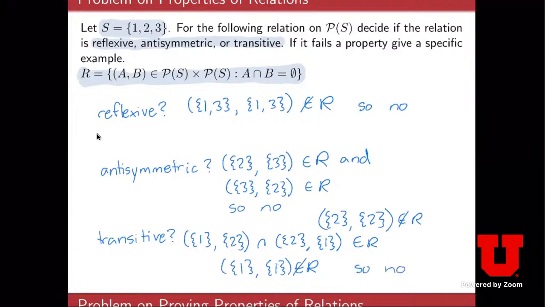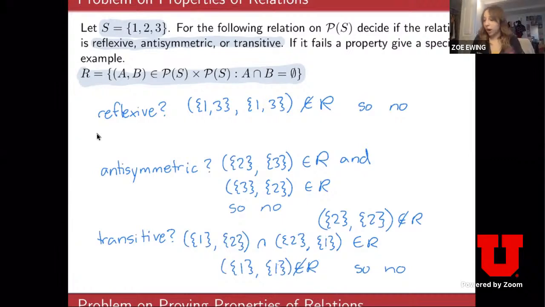Then that means that throughout the whole set, like for example, when we say reflexive, antisymmetric, or transitive, it has to hold throughout the whole thing. So even if there's one exception, it shows the otherwise. Yeah, exactly.